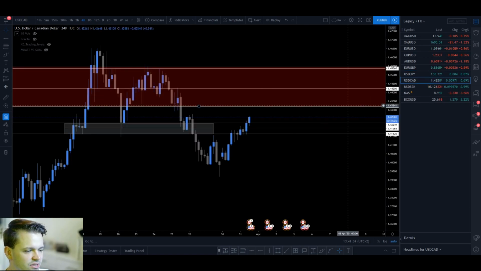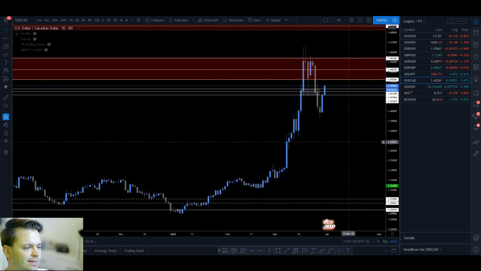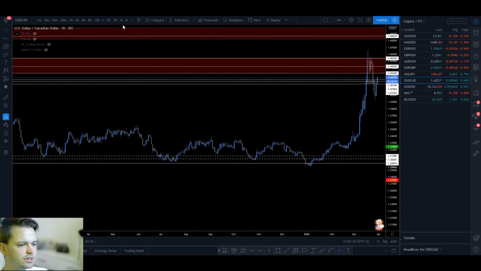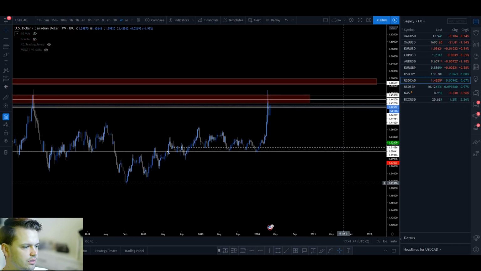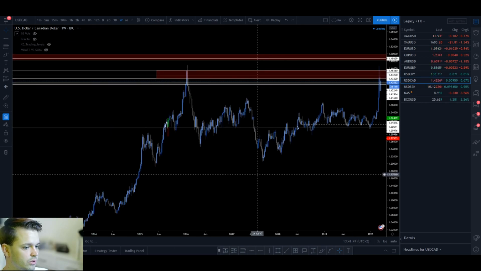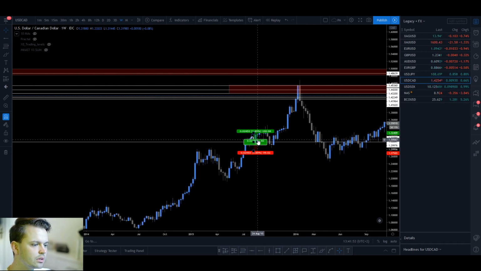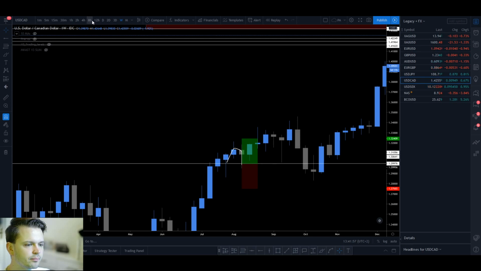So USD versus Canadian dollar, looking good. The daily, let's see where I'm seeing a setup somewhere here. Where is the setup? Weird. All right, this one. This was an old one, right?